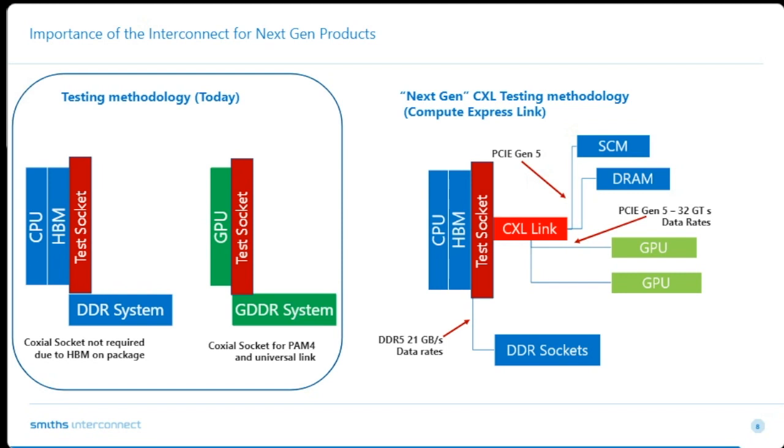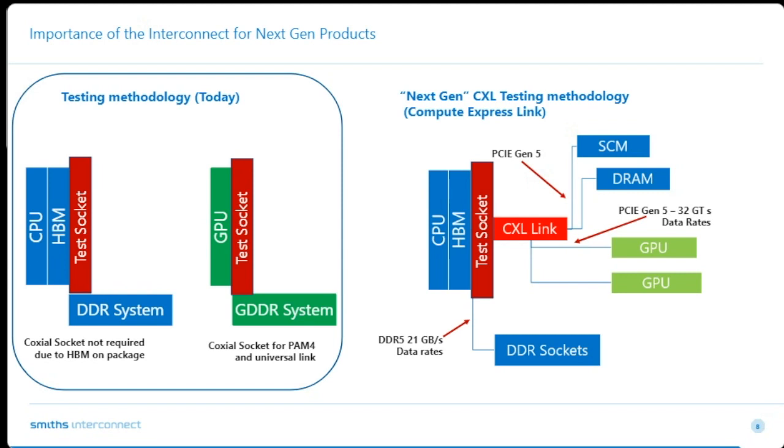But the CXL protocol is now looking to replace PCIe Gen 5, where we'd only have to allocate 64 lanes for that previously.